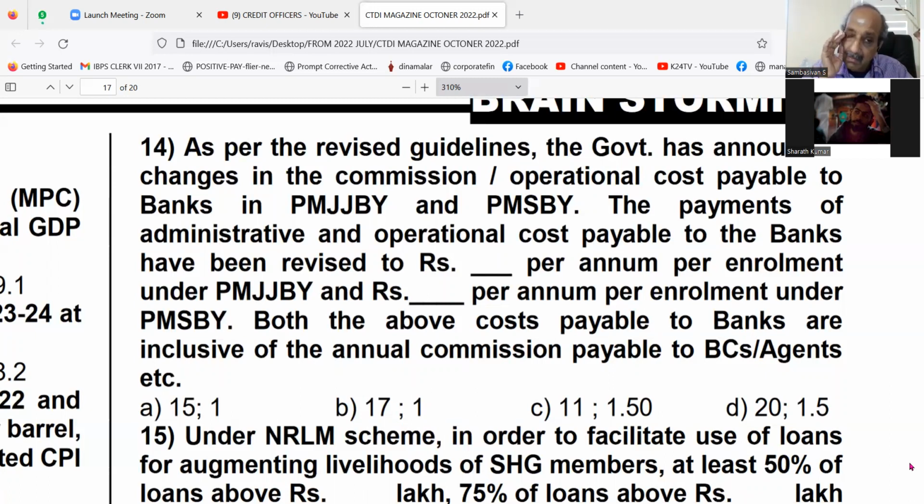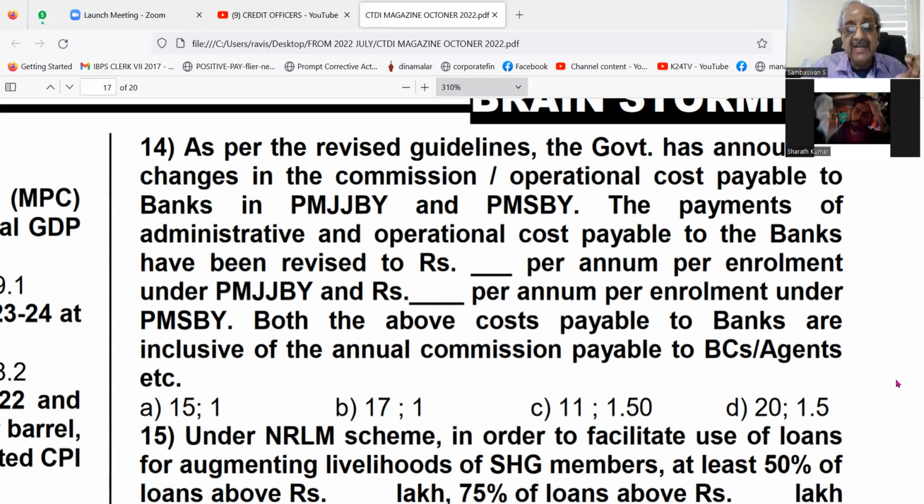The payments of administrative and operational cost payable to the banks have been revised to rupees 11 per annum per enrollment under Pradhan Mantri Jeevan Jyoti Bima Yojana and rupees 1.5 per annum per enrollment under the Pradhan Mantri Suraksha Bima Yojana. Both the above costs payable to the banks are inclusive of the annual commission payable to banking correspondents or agents, etc.